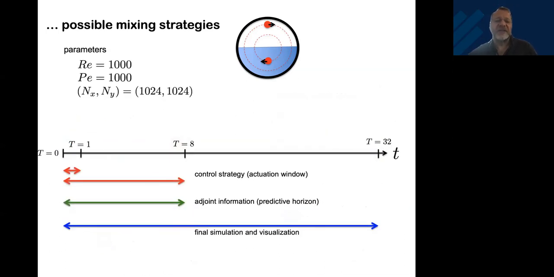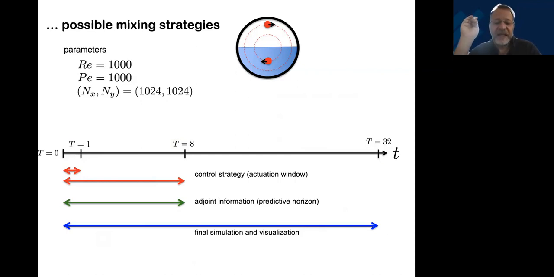All right, just a little bit of a setup about the optimization. I'm going to show you movies that last for 32 time units. That's just the movie time scale. It has nothing to do with anything; I could have shown you 25 or 40 time units or something.